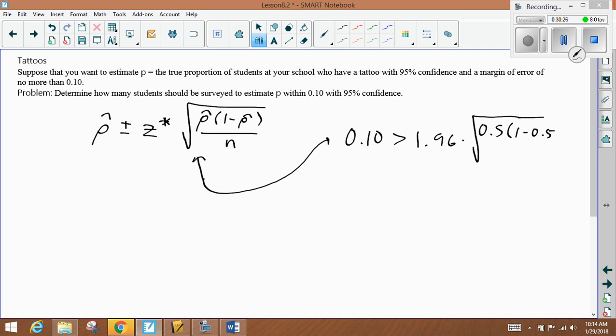And we can explore that a little bit more as we go. So we need to solve this equation.